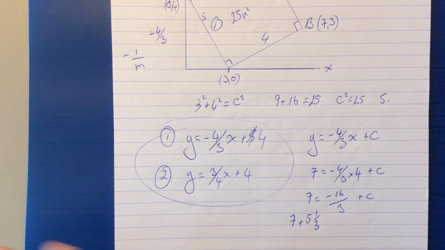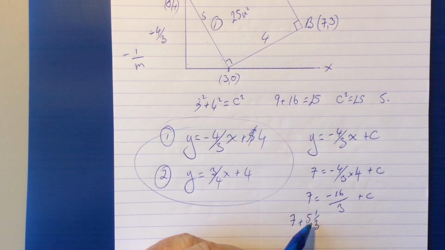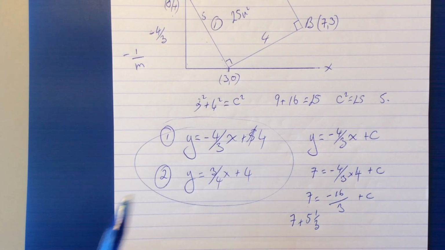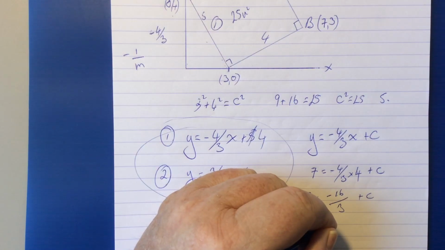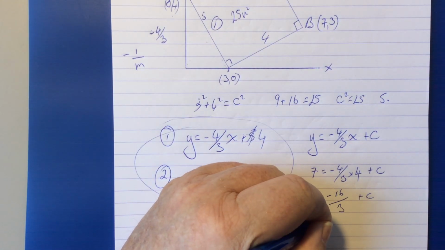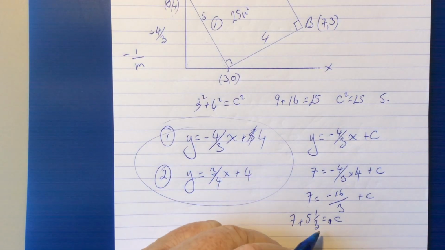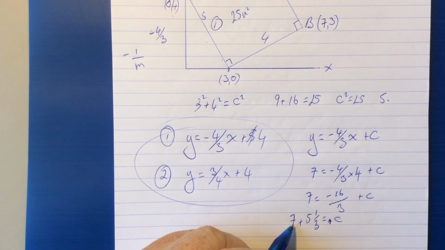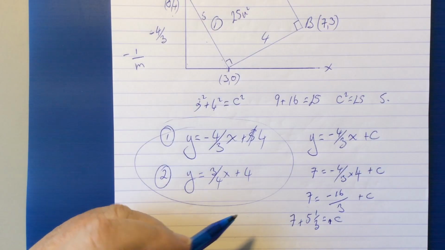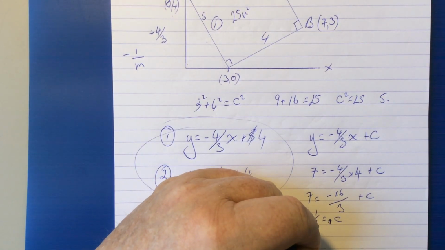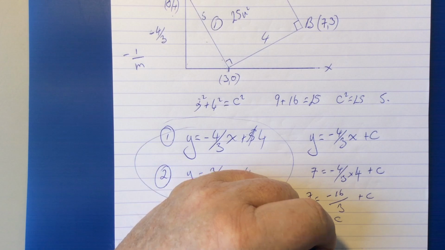Apologies. So 7 plus 5 1/3 equals c. 7 plus 5 is 12, so 12 1/3 equals c.